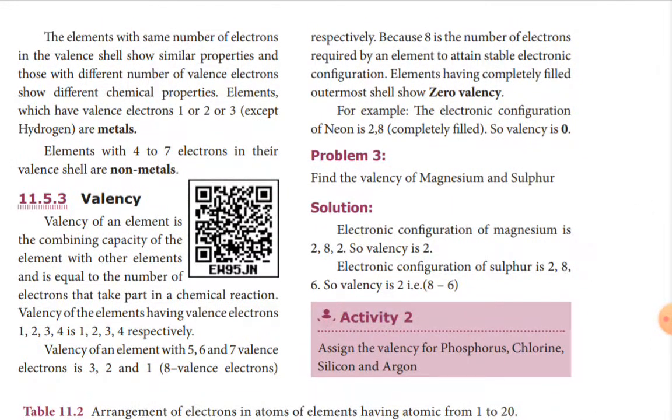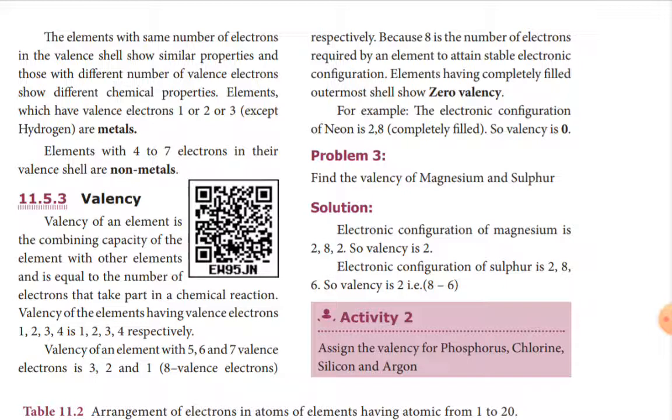8 is normally the number of electrons required for any atom to attain a stable electronic configuration, which we already learned. That is called the octet structure, the rule of 8: the tendency of an atom to have 8 electrons in the outermost shell.